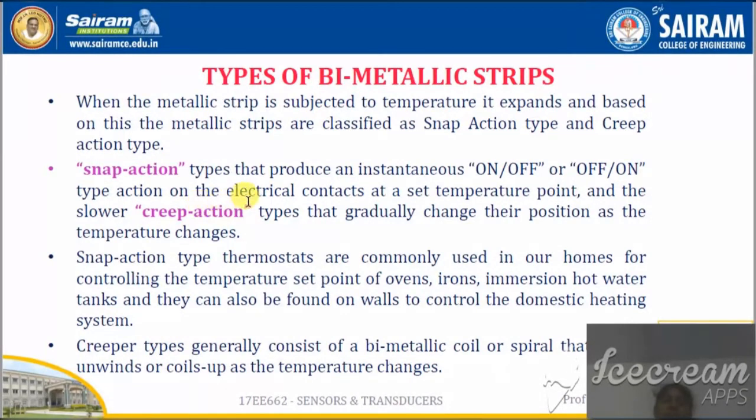Creep action is a type that gradually changes position as temperature changes. For example, you can take the unwinding of the coil as the temperature changes. So this is the basic action that takes place when the bimetallic strip is subjected to temperature and expansion occurs in it.